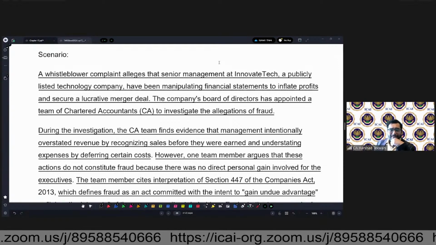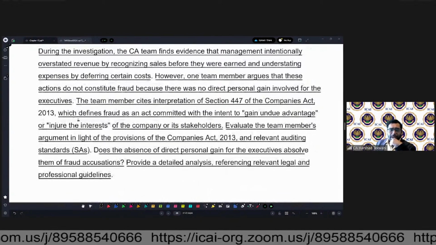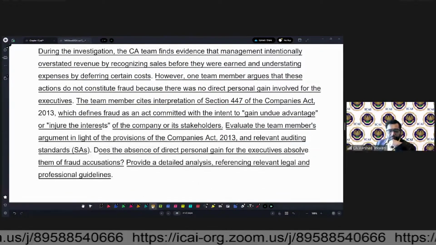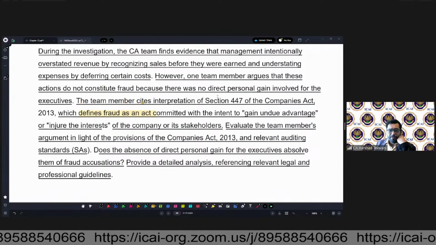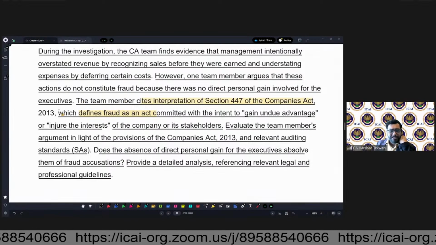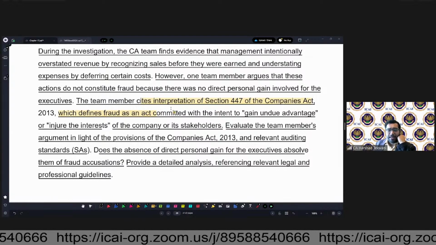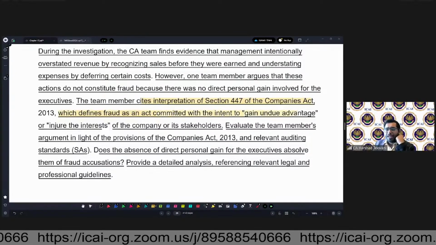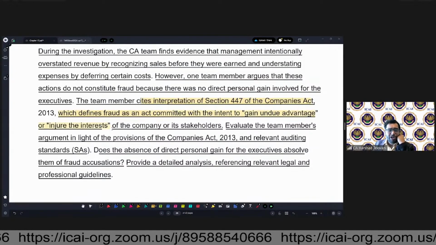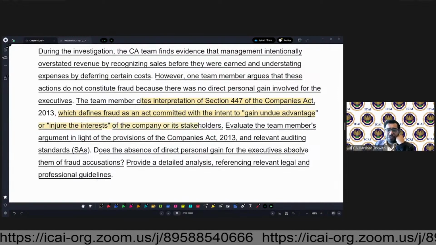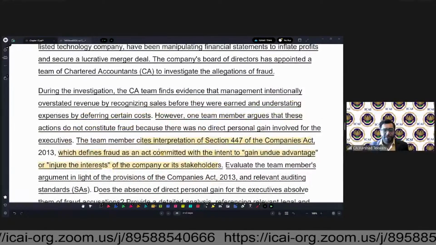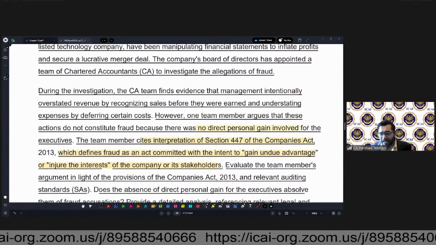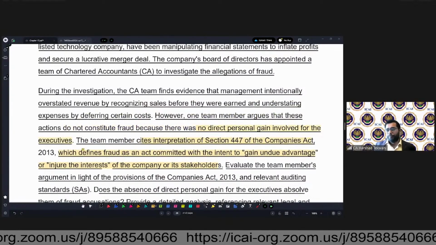So what the team is saying over here is that the interpretation of Section 447 of the Companies Act defines fraud as an act committed with intent to gain undue advantage or injure the interest of the company or its stakeholders. Now here they are saying this is not a fraud because there is no direct personal gain involved for the executives.